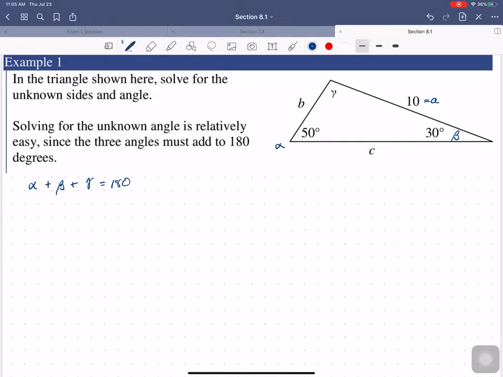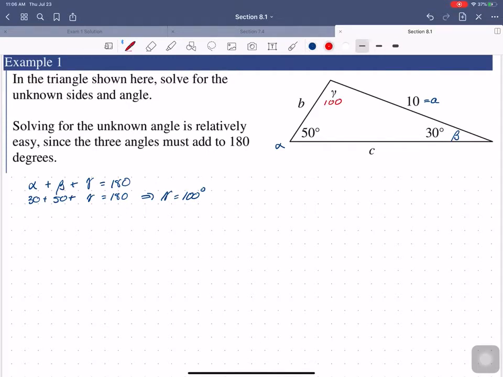So 30 plus 50 plus gamma has to equal 180, which means that gamma has to equal 100 degrees. Okay, so I know that angle.